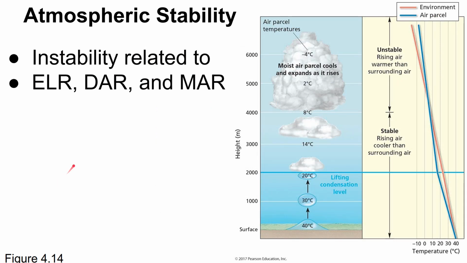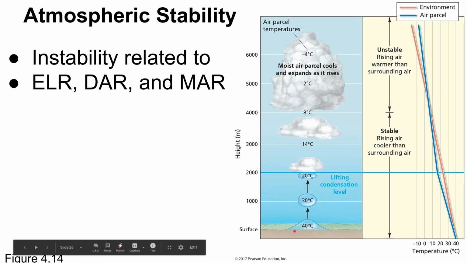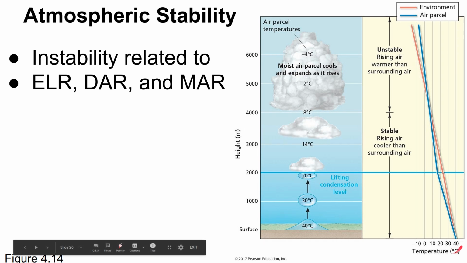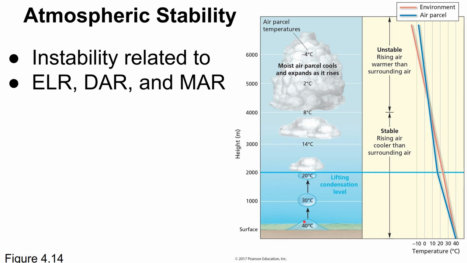So here we've got an example of a parcel at the surface at 40 degrees with a dew point of 20 degrees. And the environmental lapse rate, it looks like it's 8 degrees. When you're given these problems, I'm not necessarily going to give you diagrams.